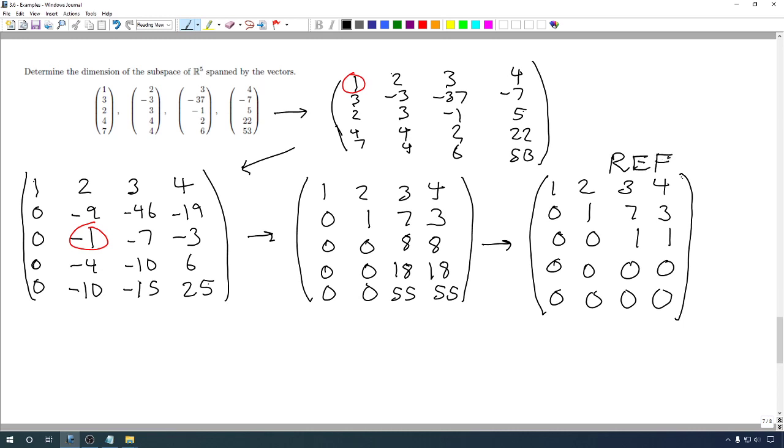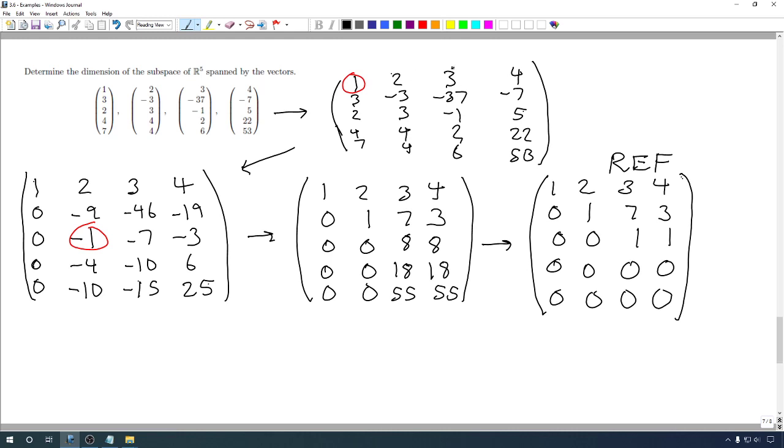If we wanted to find a reduced row echelon form, obviously we'd go ahead and change this 2 and this 3 and the 7 all to zeros and see what happens to the 4 and 3 that are at the ends of those first two rows. But we really don't need to do that to solve the problem. So we'll go ahead and just stop at the REF. Now note, we do have exactly 3 leading 1s.